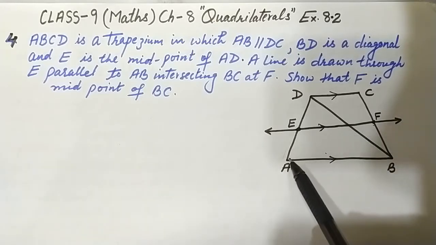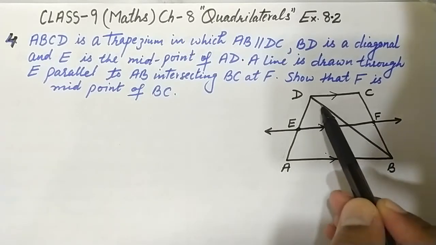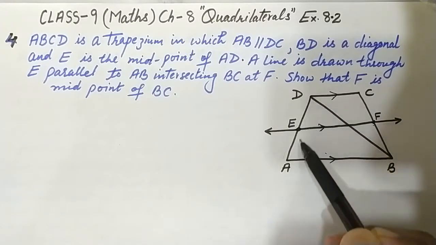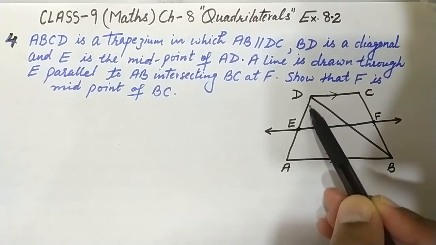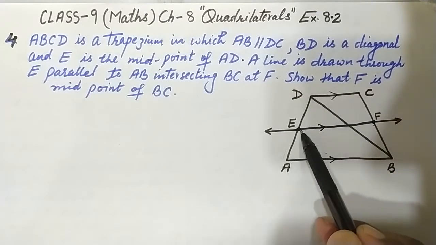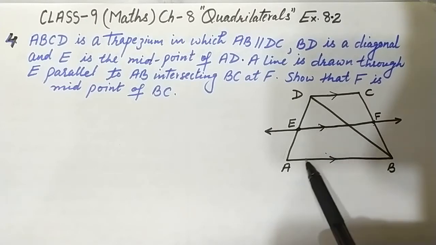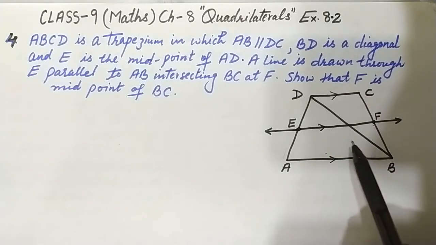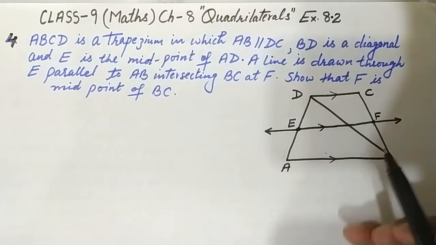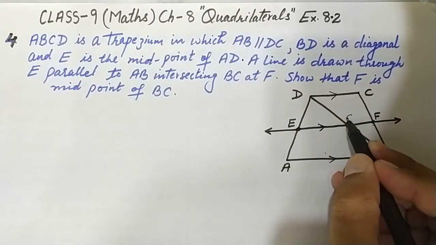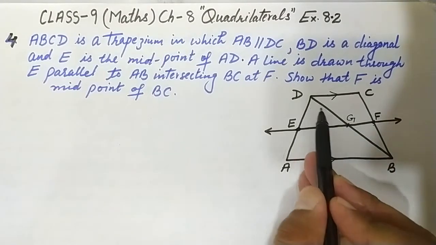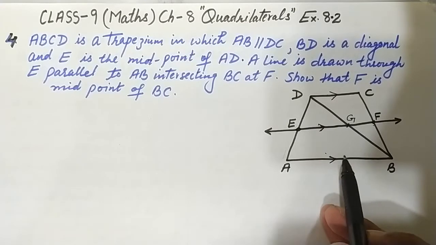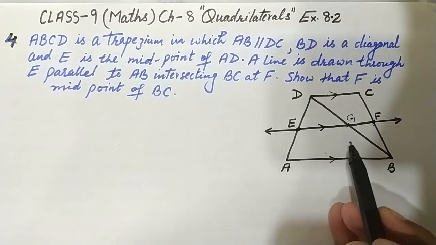So first of all you will see in triangle ABD, E is the midpoint of AD and this EF is parallel to AB. Then by converse of midpoint theorem, suppose this point is G, G will be the midpoint of BD. This is the converse of midpoint theorem.